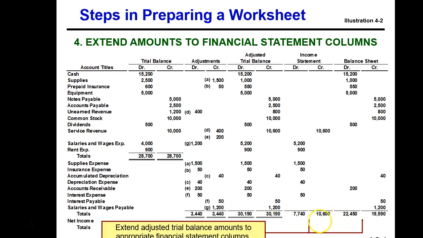The total on the credit column shows the total revenue that was earned for the accounting period. To determine whether we have net income or a net loss, subtract total expenses from our total revenue. So in that case, would we have net income or a net loss? You are correct, we would have net income.